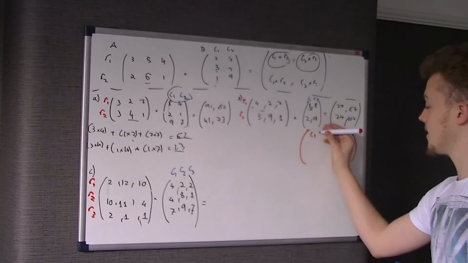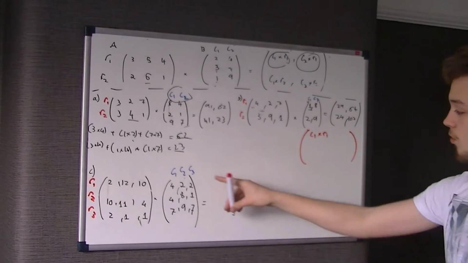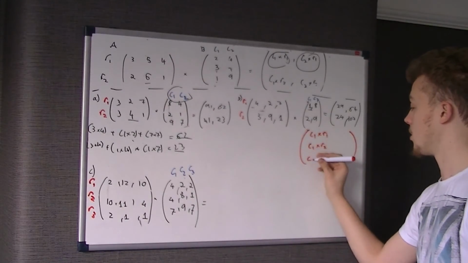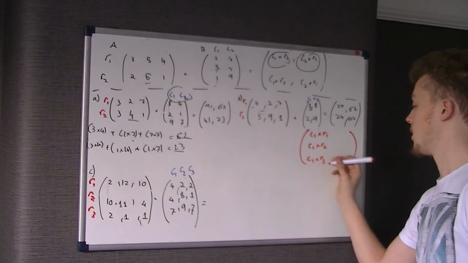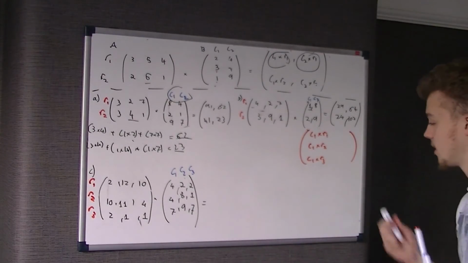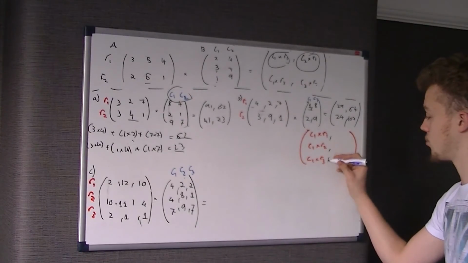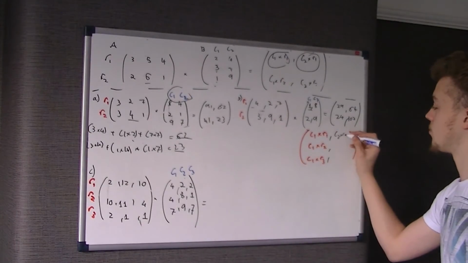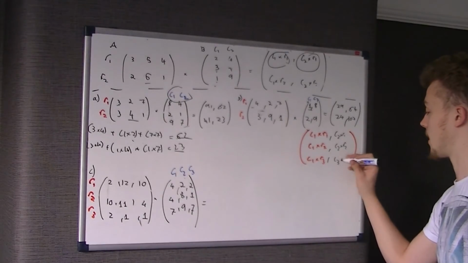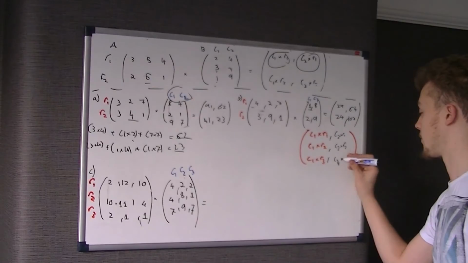The answer matrix's first column is column 1 times row 1, column 1 times row 2, and column 1 times row 3. And then the second column of the answer matrix is column 2 times row 1, column 2 times row 2, and column 2 times row 3.